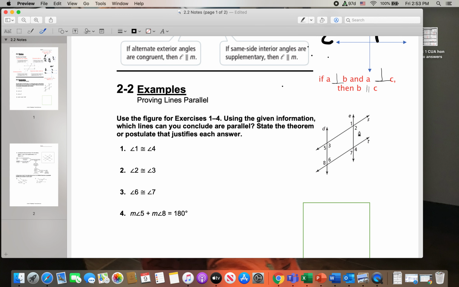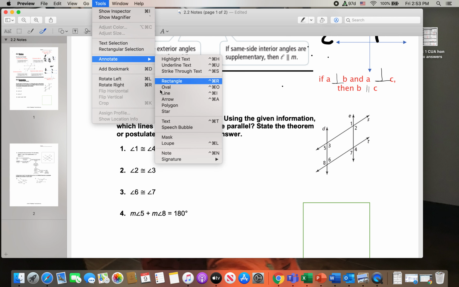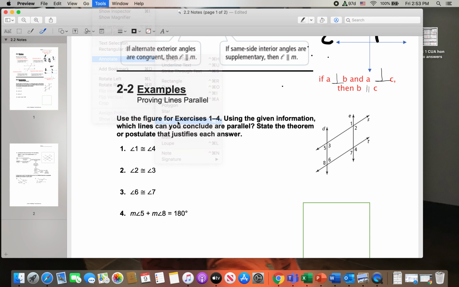Next decision, are they inside or outside of the parallel lines S and T? This is outside because it's above. 4 is outside because it's below. So those are alternate exterior. So your answer, your reason is converse, alternate, exterior. Because if the alternate exterior are congruent, then the lines are parallel.